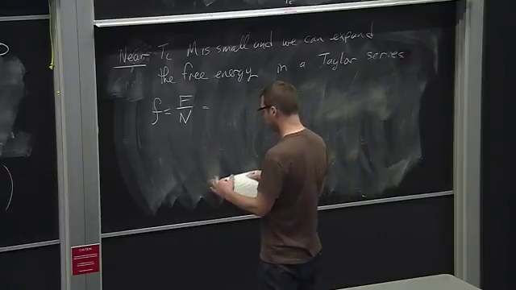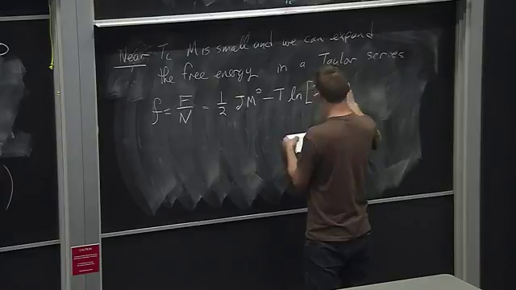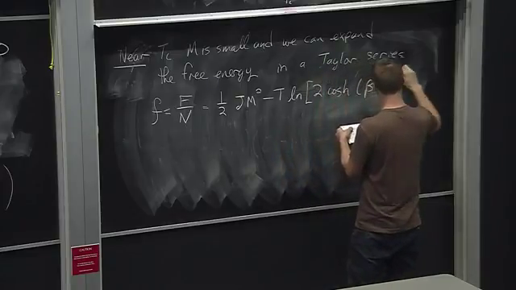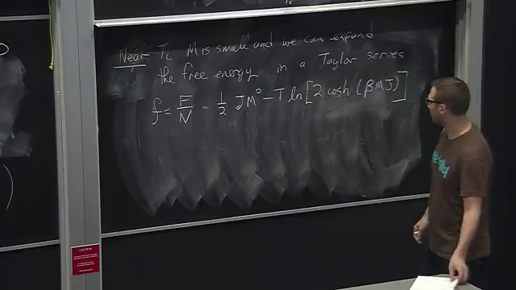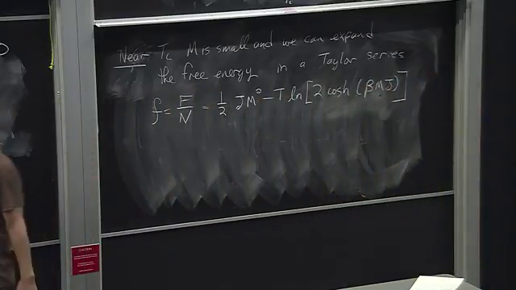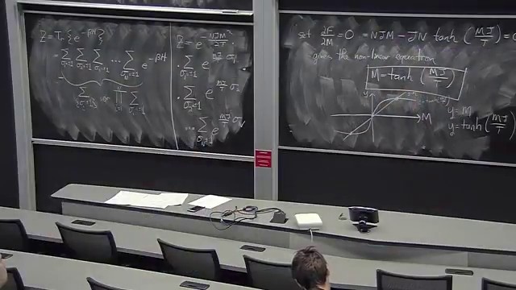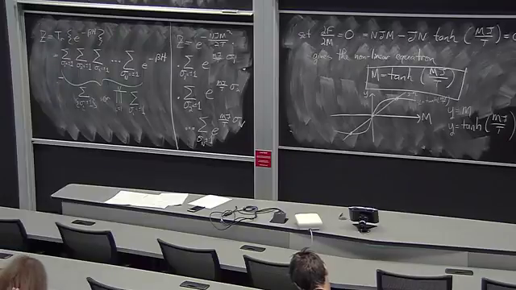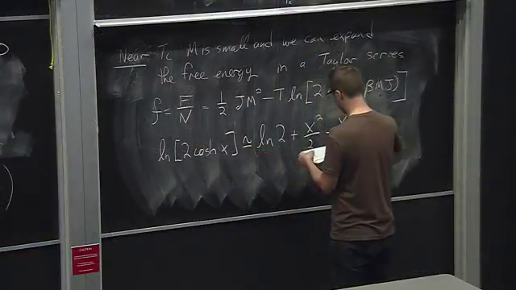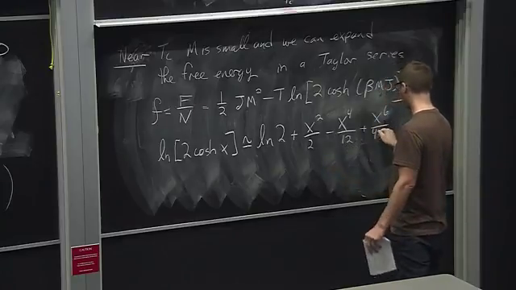Okay, so go back to my free energy expression. What I need to Taylor expand for small magnetizations, again, because I'm near the critical point, so I'm near the point where this solution's rolling down here, is this log of cosh.